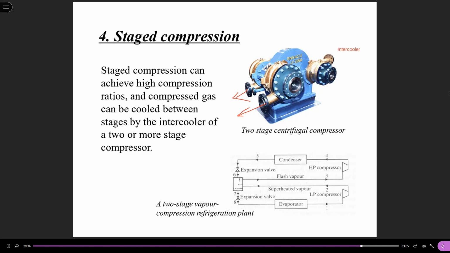As I just mentioned, for in-class test 2, the last question is regarding such a question. So 2 stage compression, in series but with the intercooler.